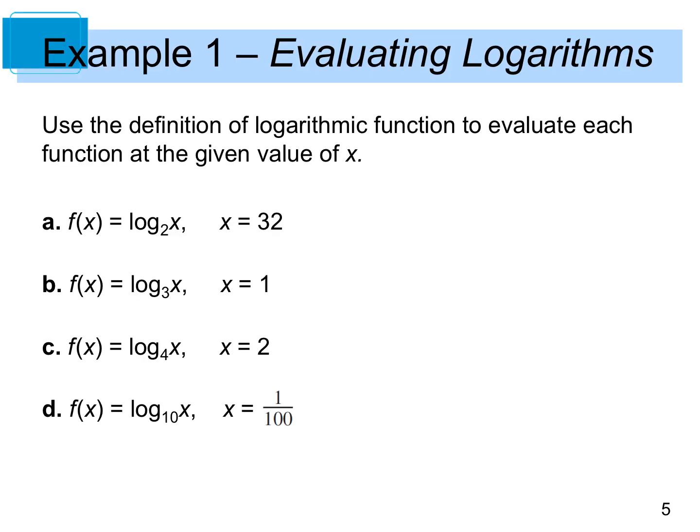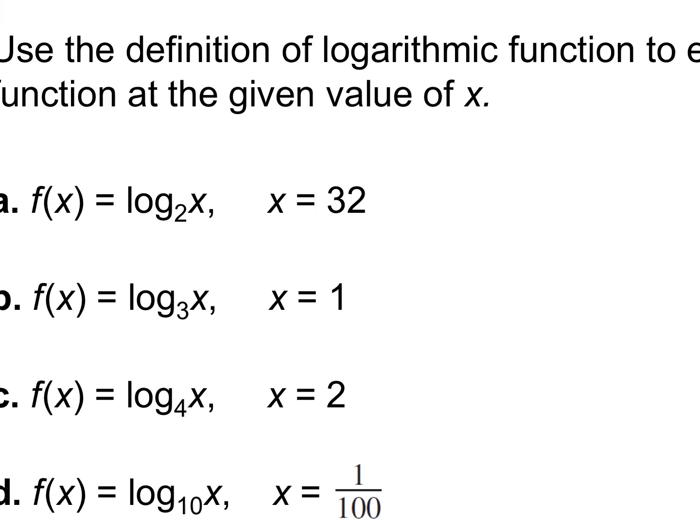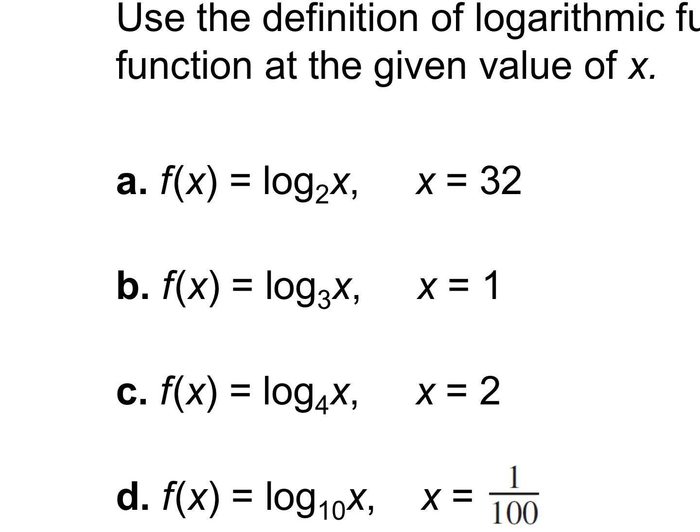On the next page, we're evaluating our logs for example 1. So it gives us what x is equal to. I don't know why it just didn't plug it in at the start. But here we're finding log base 2 of 32. So like I said, our brain doesn't really compute logs, but we do know how to compute exponents. So let's change this into exponential form to solve.